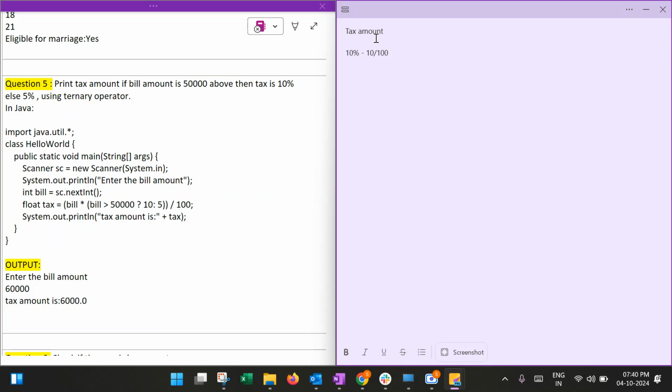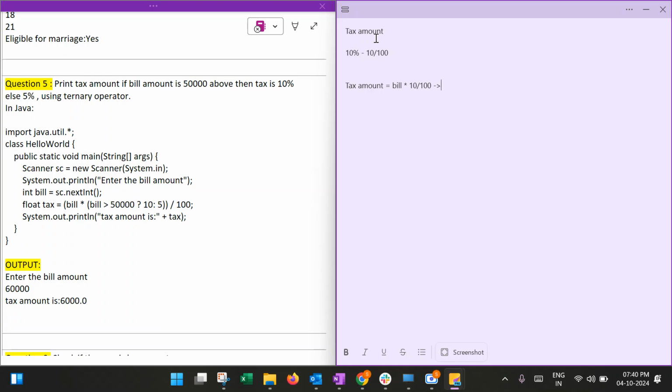So basically, tax amount was the actual bill into 10 by 100, right?